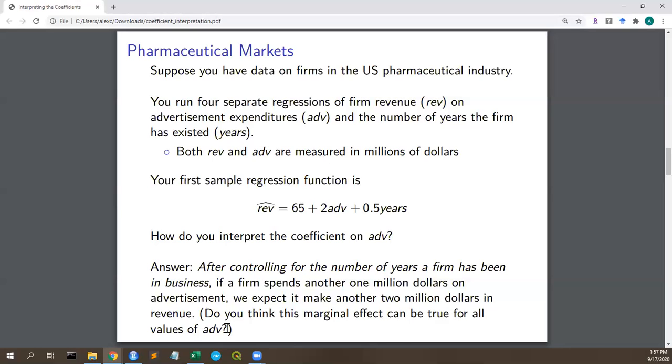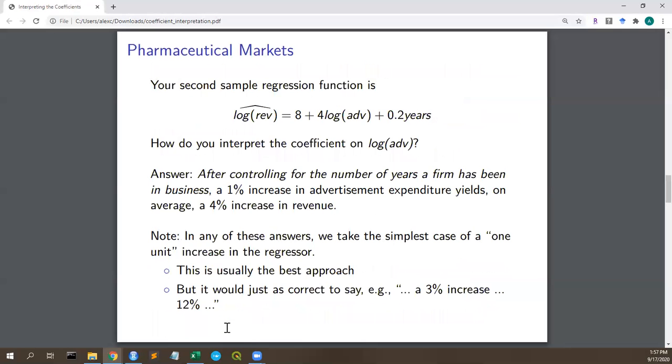If that's the case, then you have to consider it. Maybe we need to change the functional form of our variables. So in this equation, we can take the log of both sides.